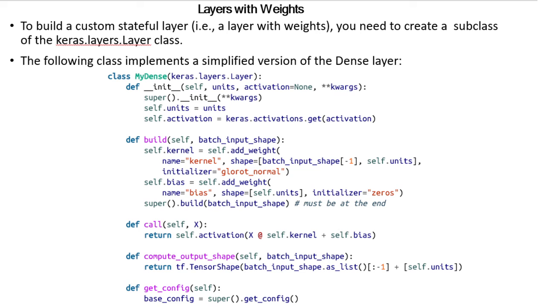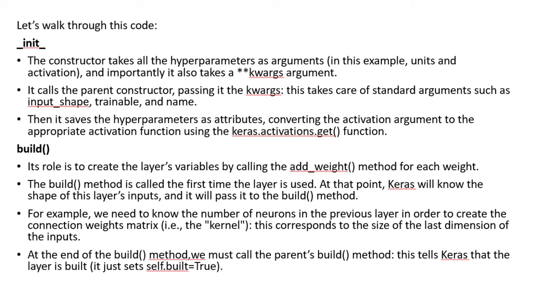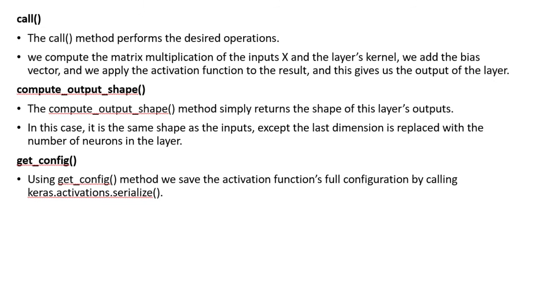It returns the full configuration details of the activation function. Whatever I have explained here is given in this particular slide: the initialization constructor, the build method, the call method, compute output shape, and get config.